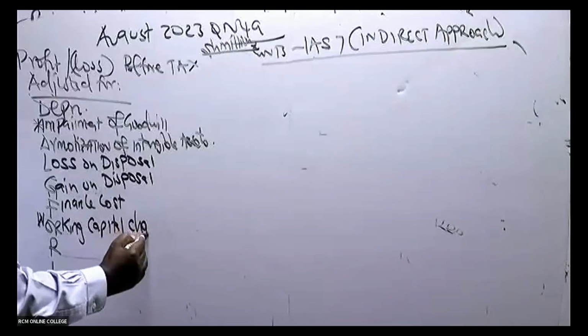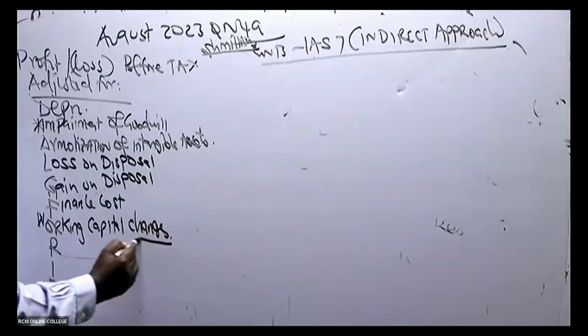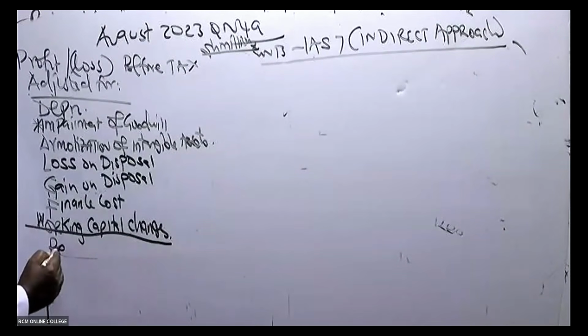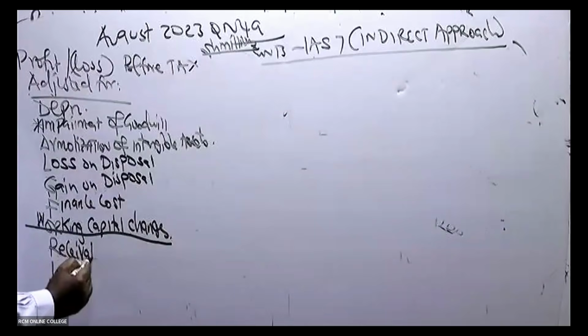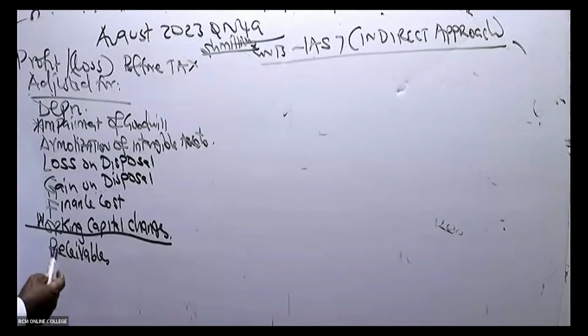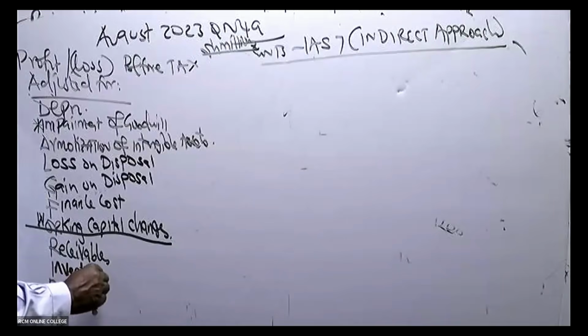Working capital changes, you underline this. This stands for receivables. This stands in this case here for what? Inventory. Inventory is a working capital, remember. Then we have payables. Then we have tax paid. And then we have interest paid.